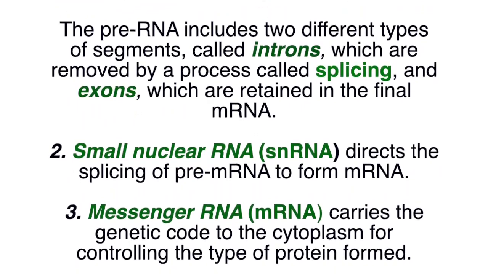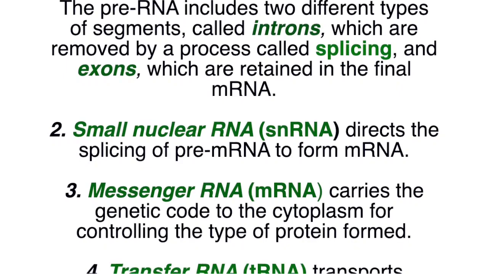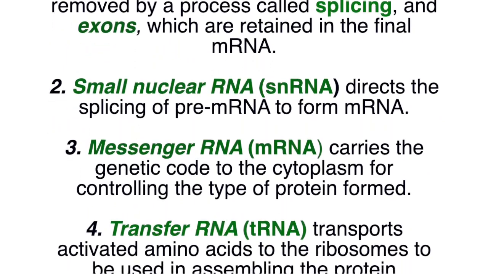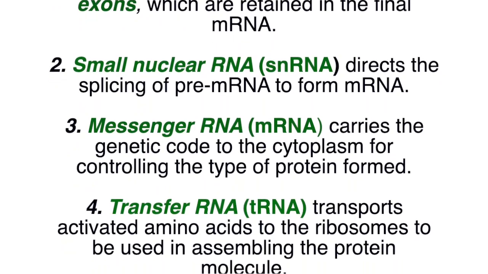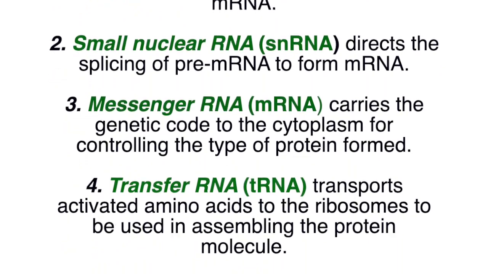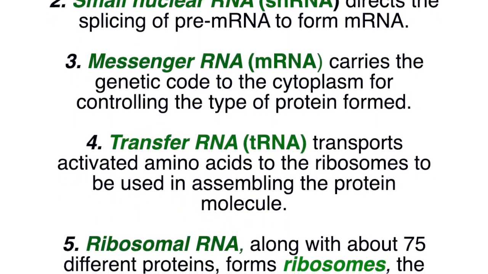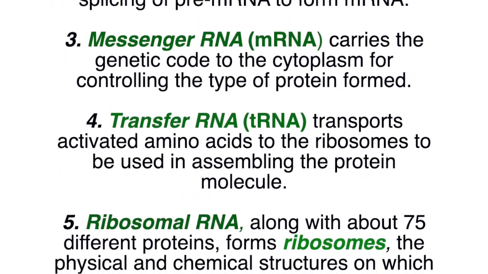Small nuclear RNA, snRNA, directs the splicing of pre-mRNA to form mRNA. 3. Messenger RNA, mRNA, carries the genetic code to the cytoplasm for controlling the type of protein formed.